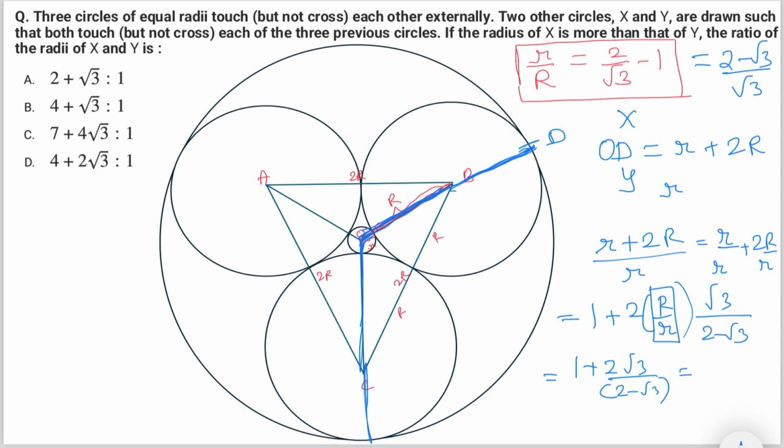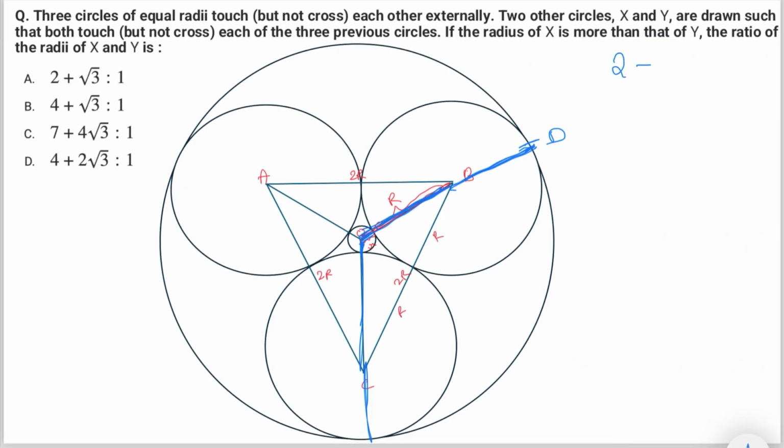So what we are getting now is 1 plus 2 root 3 upon 2 minus root 3. On cross multiplying, this will be 2 minus root 3 plus 2 root 3 divided by 2 minus root 3, or this becomes 2 plus root 3 divided by 2 minus root 3. Guys, we are almost there. We just need to rationalize the denominator here.